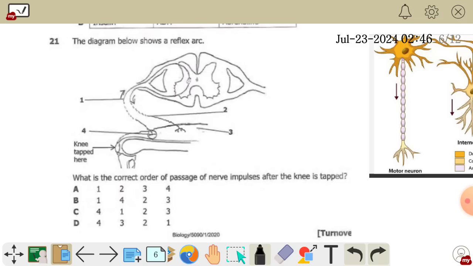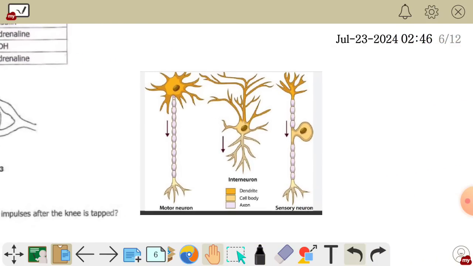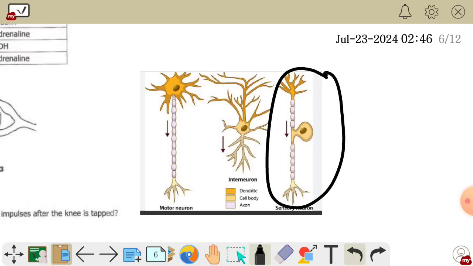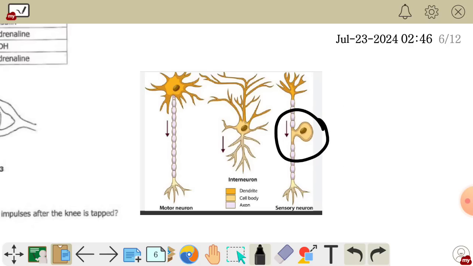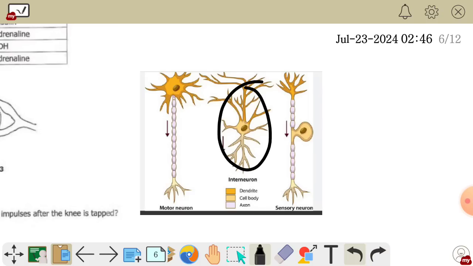The sensory neuron has a cell body in between. This is the diagram showing different neurons in the central nervous system. We have the sensory neuron, which will always have a cell body in between. Then we have the relay neuron. The relay neuron is short and mostly found in the spinal cord.